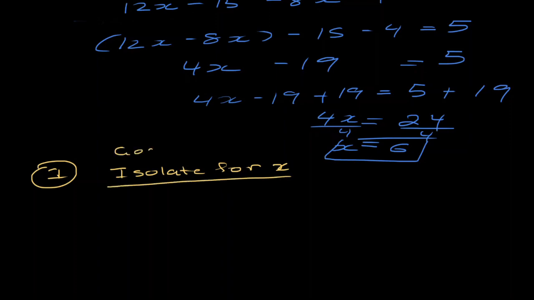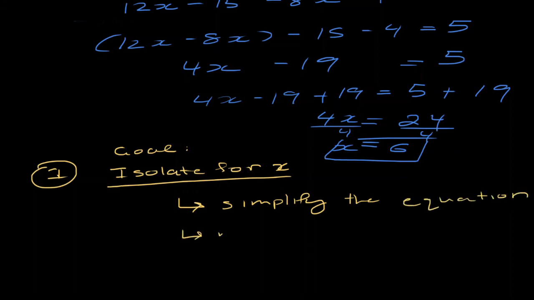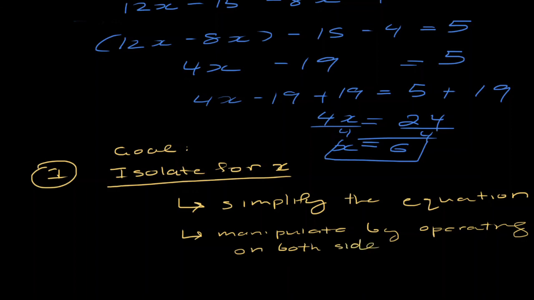That's kind of the goal. And to achieve this goal, what you do is first simplify the equation, and then manipulate by operating on both sides. And if you can do these 2 things, you can solve for any equation.